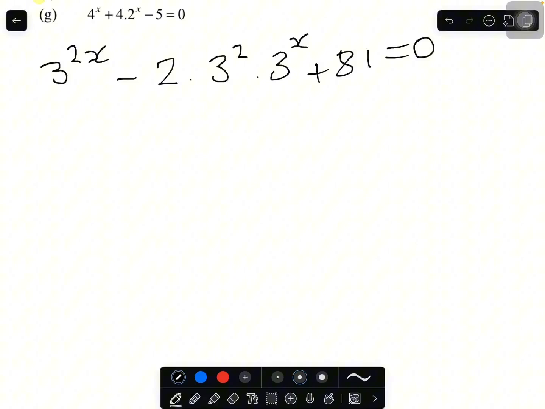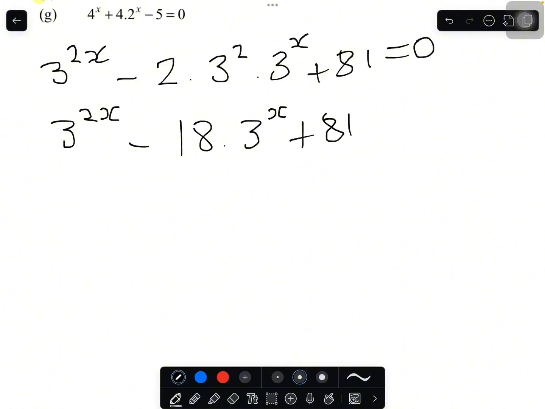Now let's simplify this a bit more. So I'll have 3 to the 2x minus 9 times 2, which is 18 times 3 to the x plus 81 equals 0.